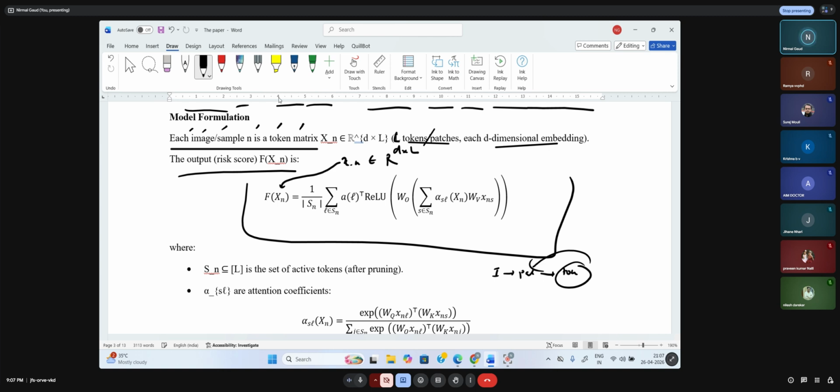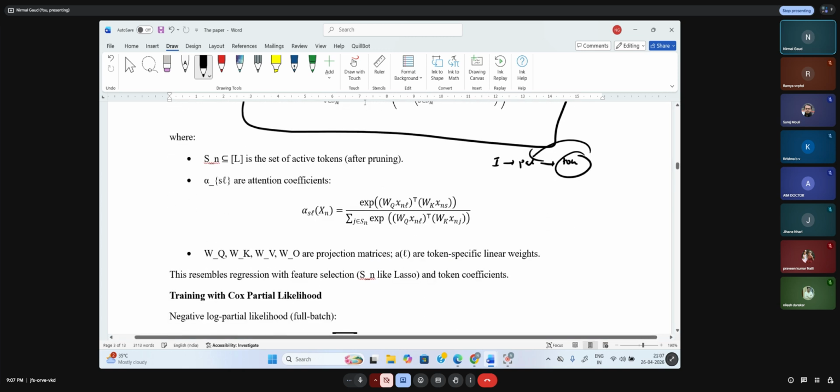And they are trying to identify the risk per each image. That means in that particular matrix they're trying to identify the risk, given by 1 upon Sn, summation of Al transpose ReLU activation function, W0 that is a weight, ASL xn WV xns.